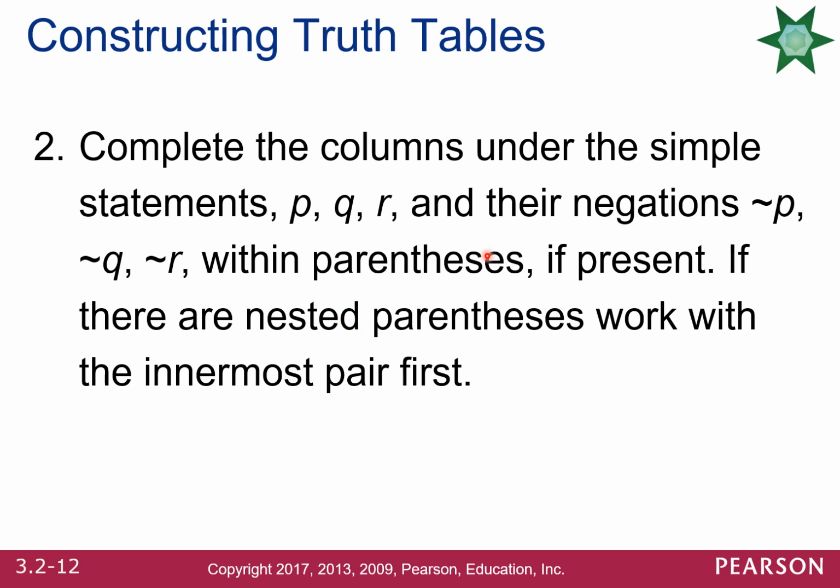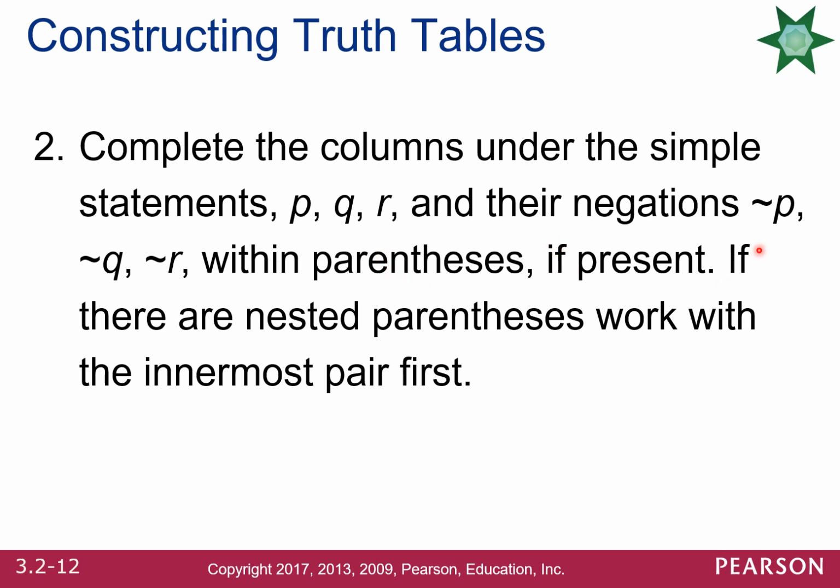All right. So it says, as step 2, complete the columns under the simple statements P, Q, R. So in this case, they have 3 statements. They have included a third statement, not just P, Q. So we just fill in all the possible cases that P, Q, R could take, the possible combinations of true, false, and so on.